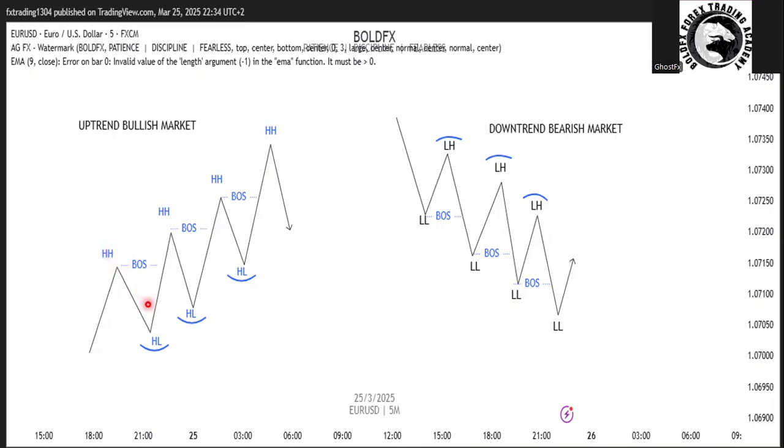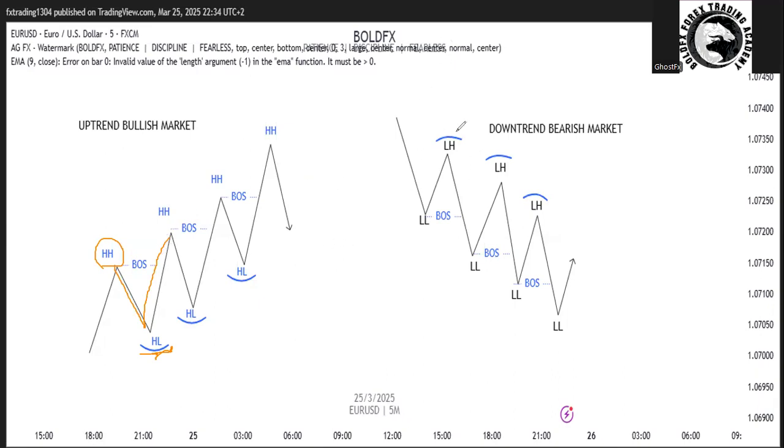Simply because it doesn't break our previous high or our previous structure, as indicated right here. So this is a strong high because it broke structure, right? This is a weak high because it did not break any structure, right? So that is how you identify strong highs and strong lows.